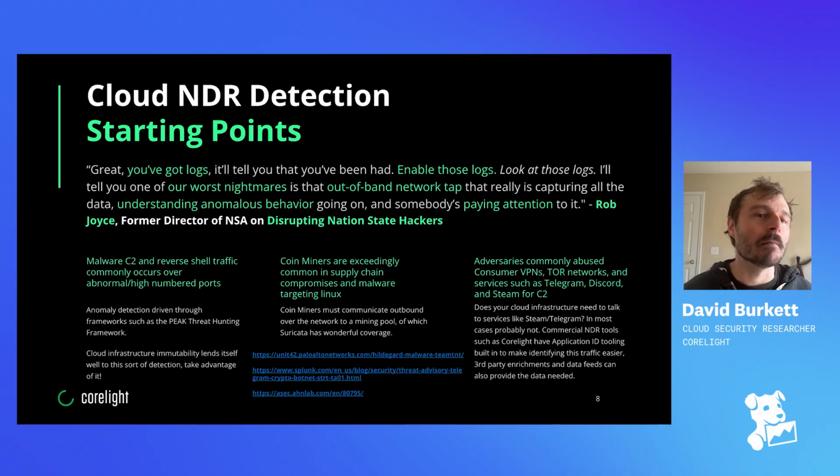Same thing for Steam. So if you add a lot of this context, such as user VPNs and ASNs, there's all kinds of stuff you can add to this metadata that really raises the bar again for the adversary. If they're using consumer-grade VPNs, you probably don't need to be talking to that.